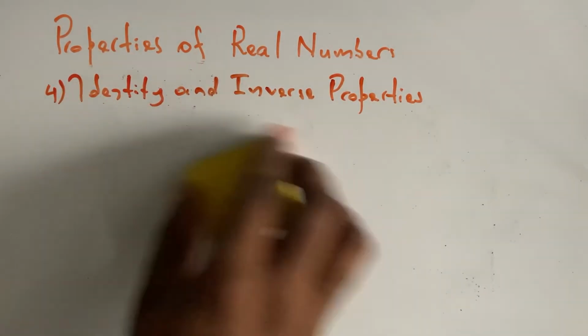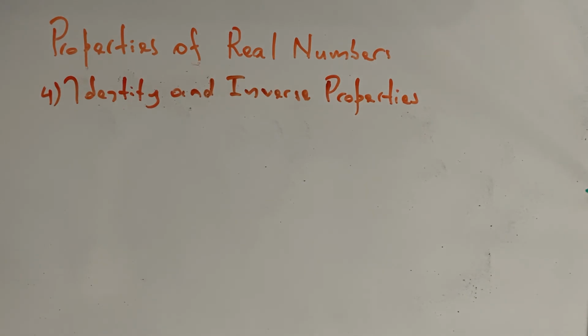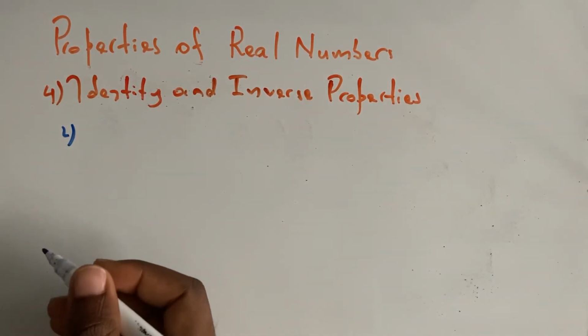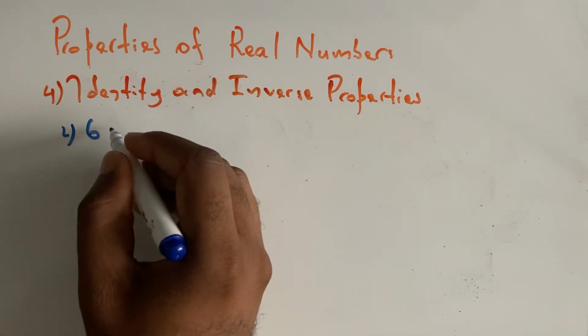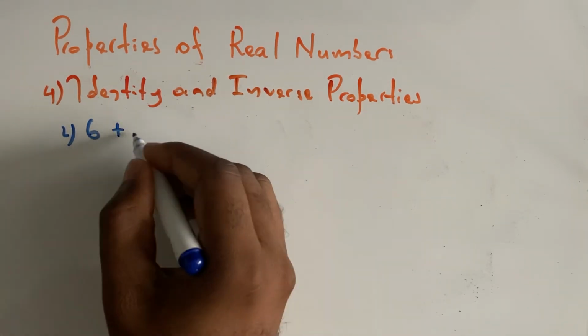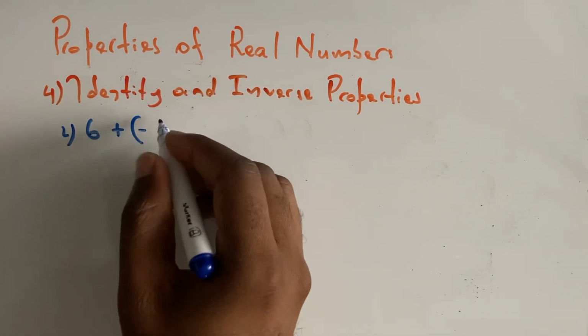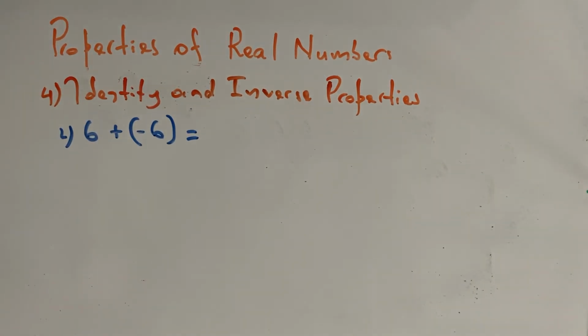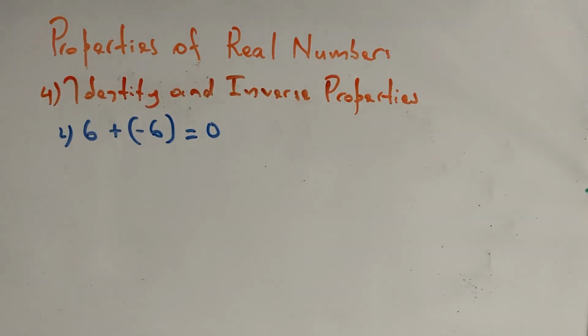For additive inverse, if you have the number 6, we're adding the opposite, negative 6, to it, and we know the answer must be 0.